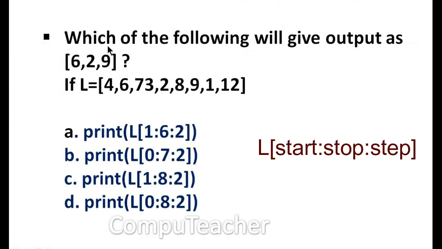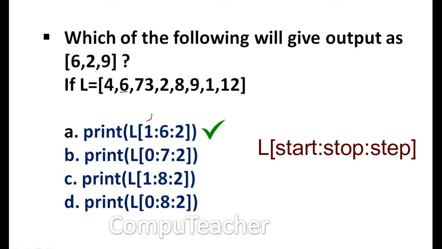Next one. Which of the following will give the output as 6, 2, 9? The list is this one. Answer is A. print(L[1:6:2]). The output list is 6, 2, 9. 6 is here at index 1.